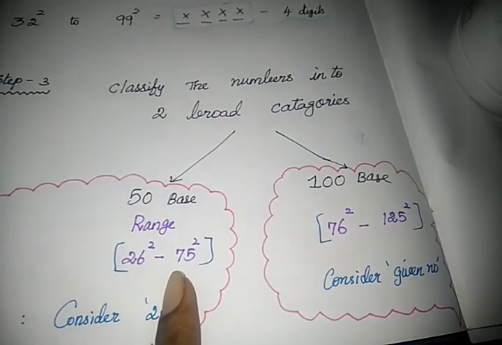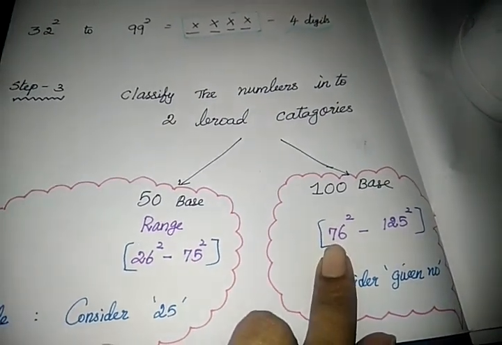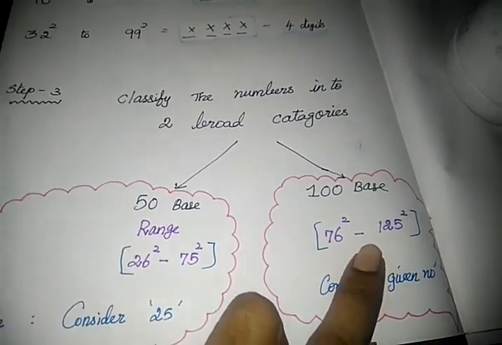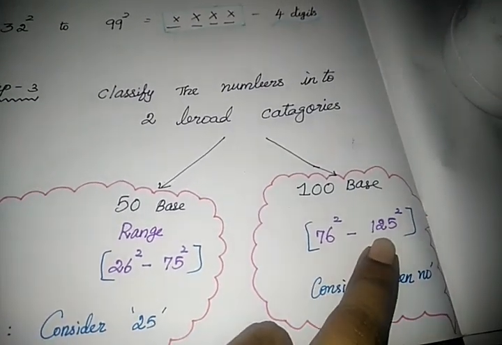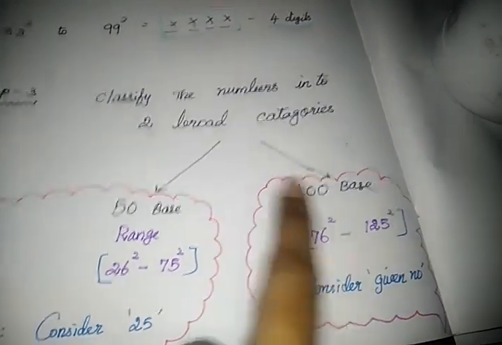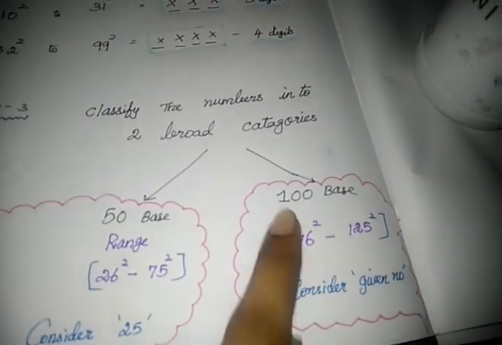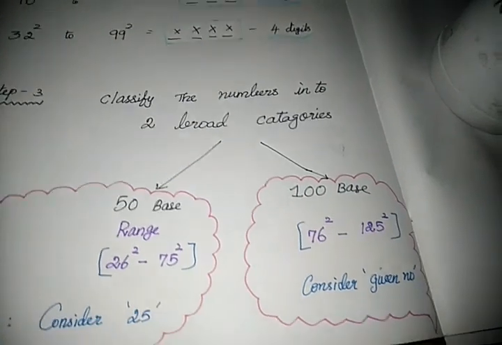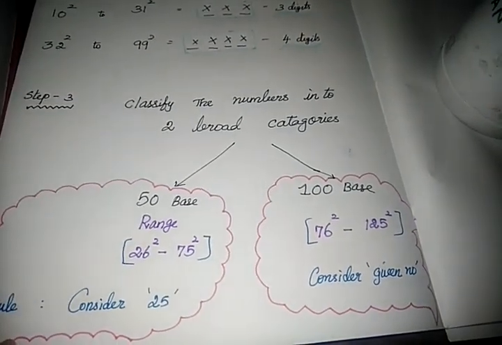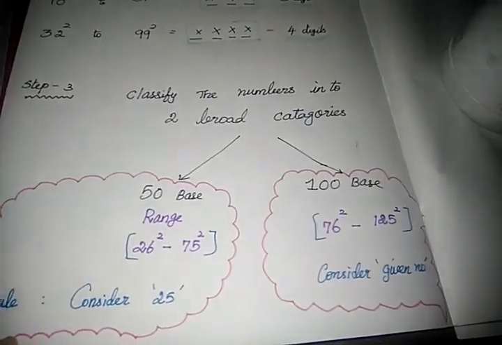And 76 square up to 100 is enough. If you need more, up to 125 square can be taken under the 100 base. So in this session we can also learn the numbers from 100 up to 125 square.